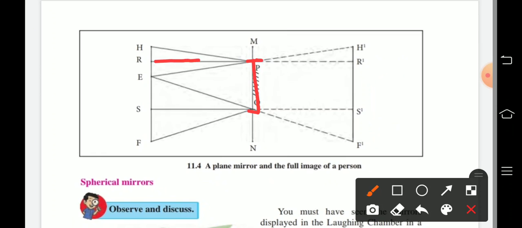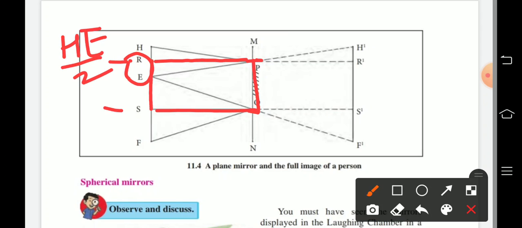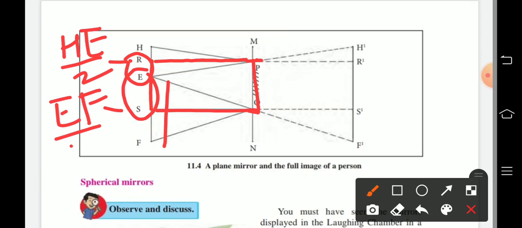We draw parallel lines, so PQ is parallel to RS. RE is half of HE, so HE divided by 2. Then ES is half the distance of EF, so EF divided by 2. Clear?